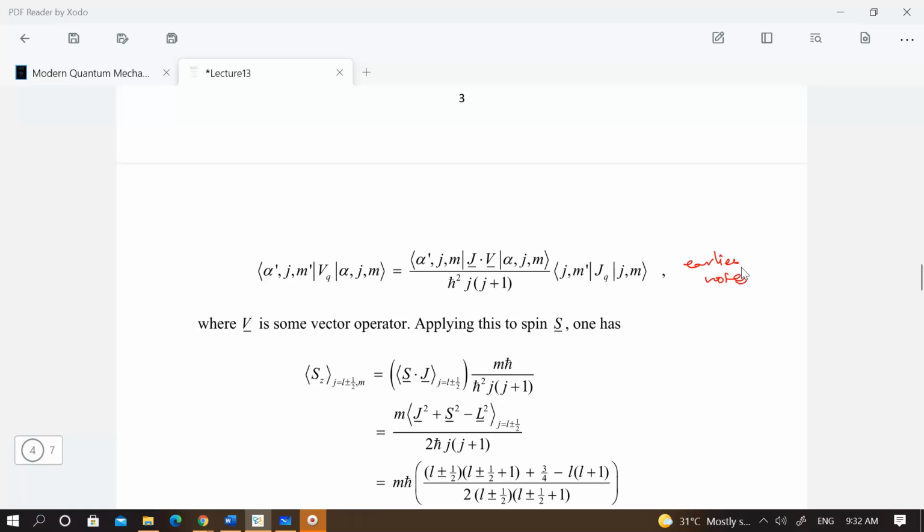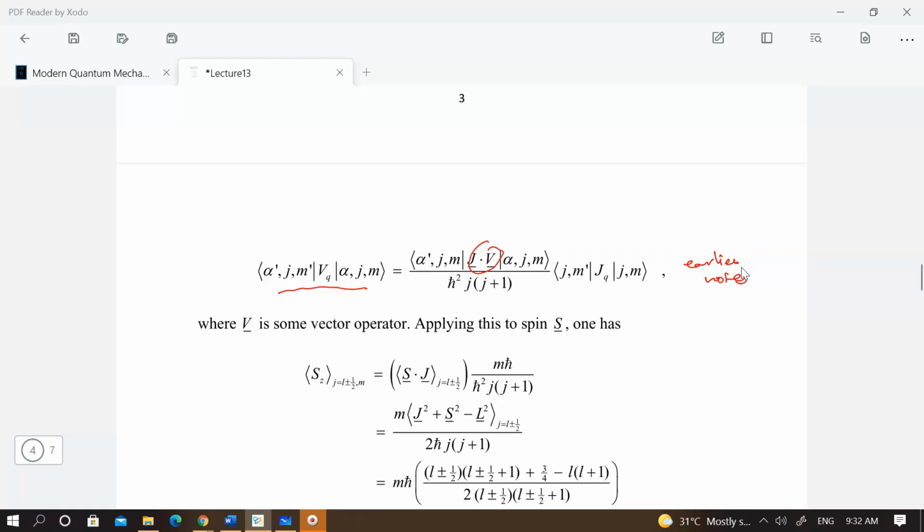Here you have your vector operator being evaluated between two angular momentum states. What happens is that one can remove the dependence on m and m dash. This is your Wigner-Eckart theorem, but now specific to this projection thing.